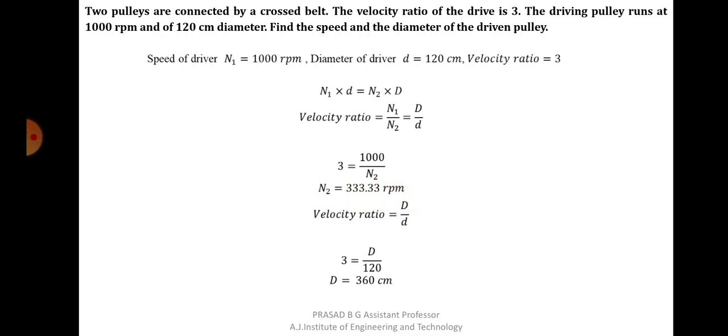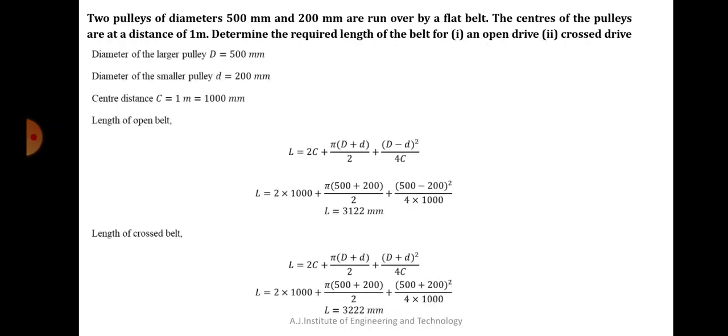So 3 is equal to D by 120, or capital D is equal to 120 into 3, that will be equal to 360 centimeter. That is again important, okay, centimeters, because they have given d is equal to 120 centimeters, so the capital D also will be in terms of centimeters only.